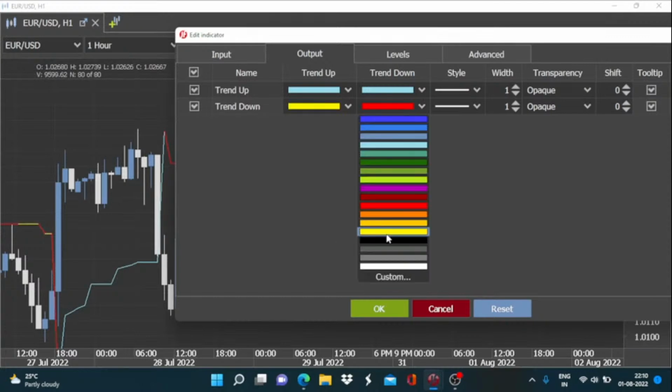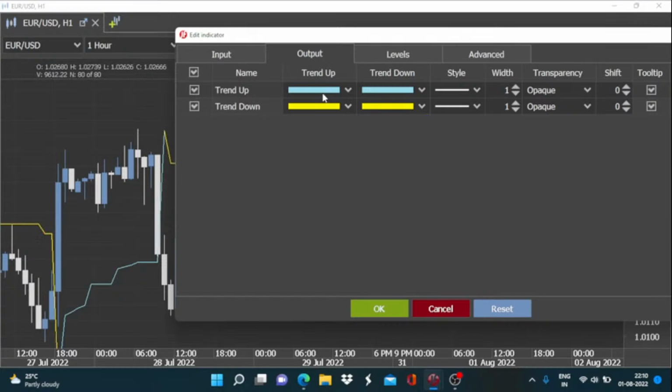So I will take this combination of light blue and this yellow. So we have these different changes which we can utilize to get a chart which will be good to look at.